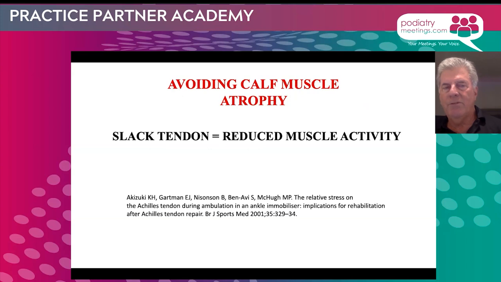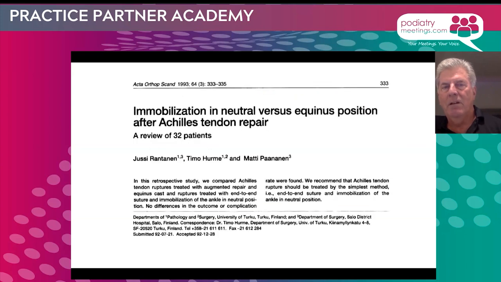The problem when we position a patient in equinus too long is that it puts slack into the tendon, and this immediately causes a reduced activation and activity of the gastrocnemius. When we do surgery on patients and reoppose the ends of the tendon, we really want to encourage healing by putting gradual load on the Achilles, not slack in the tendon. And we want to increase load during the recovery period.